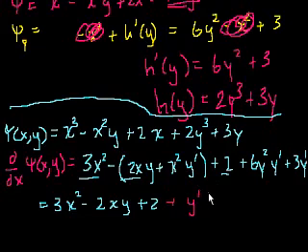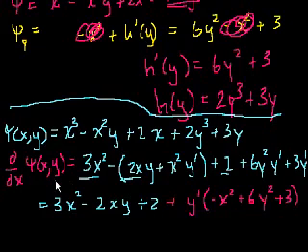Y prime times, you have a negative sign out here, minus x squared plus 6y squared plus 3. So this is the derivative of our xi as we solved it.